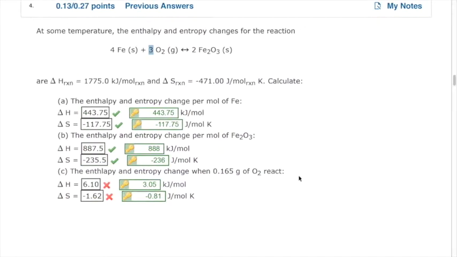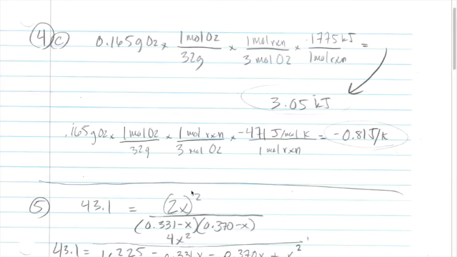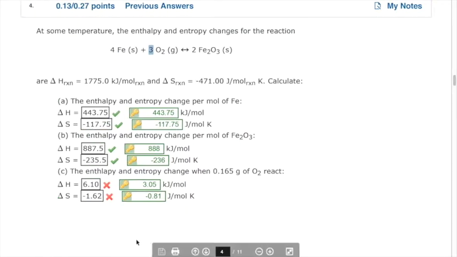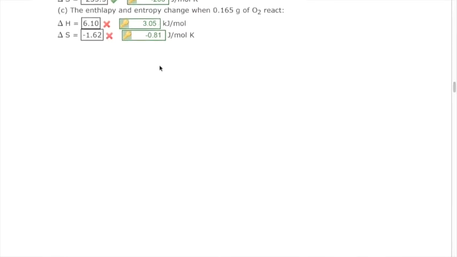I think in both of these cases we should actually not have the mole there. It doesn't matter though. Not going to get in the weeds on that. So in this case, we just had to convert from mass to moles of reaction using the formula weight of O2 and using the balanced equation. All right, on to number 5.